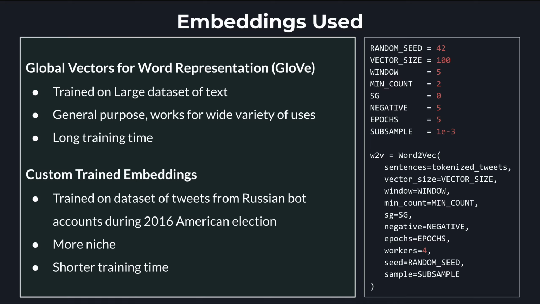The benefit is that they can be trained much more quickly, but the trade-off is that their semantic understanding is limited to mainly the content that the data was actually trained on. On the right are some of the hyperparameters that were used in the training. Comparing these two embeddings allows us to see how training data size and domain will influence semantic quality and the usefulness of the embeddings.